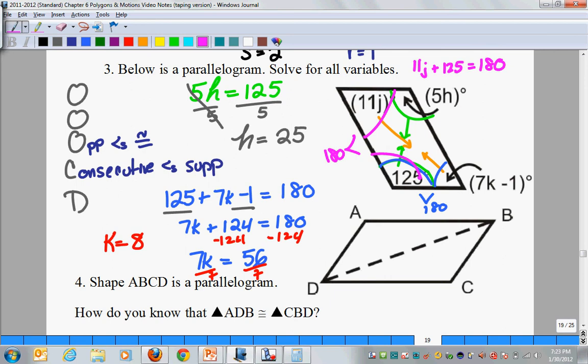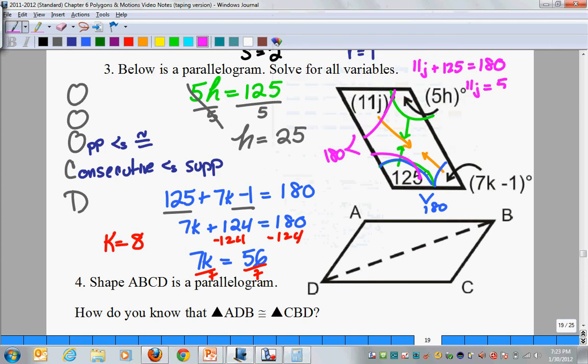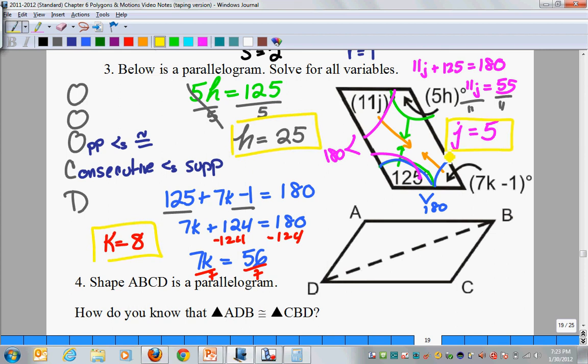So subtract 125 from each, so I have 11j equals 55. Divide by 11, and j equals, in this case, 5. So h equals 25, k equals 8, and j equals 5.